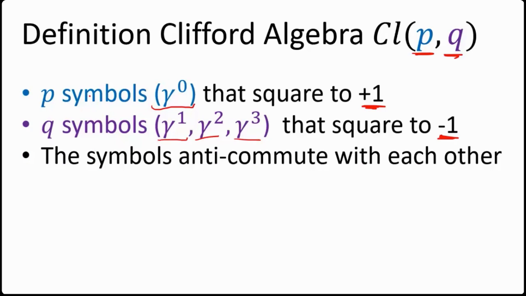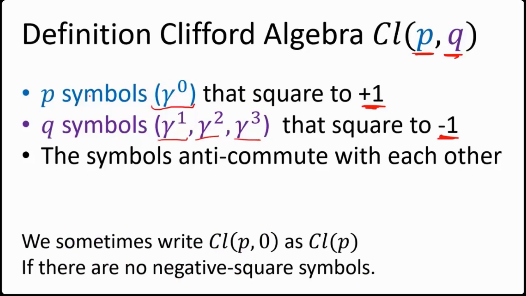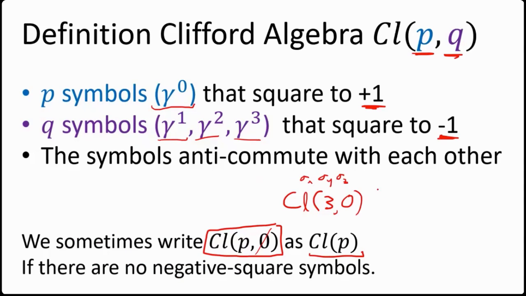Yeah, so I think I have some examples. Oh yeah, another thing is sometimes if we're only using positive-squaring symbols, we just forget about that 0 and write CLP. So for example, the 3,0, the one with sigma x, sigma y, sigma z, you might see written as just CL3 instead of CL3,0, but they mean the same thing.